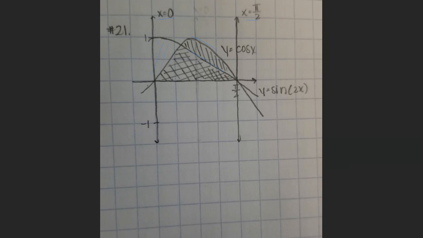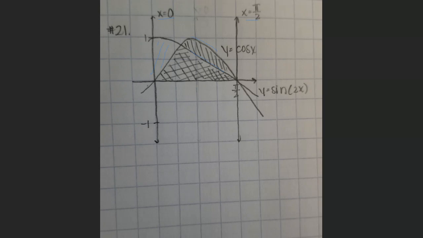What do you mean? So you have four bounds, right? You have x equals 0, x equals pi over 2, so x goes from 0 to pi over 2. Then one function is y equals cosine x, the other one is y equals sine 2x. Which part are you not sure about?